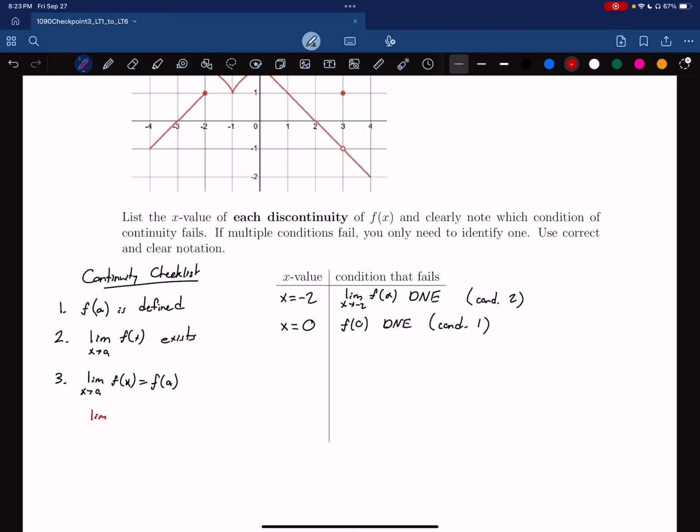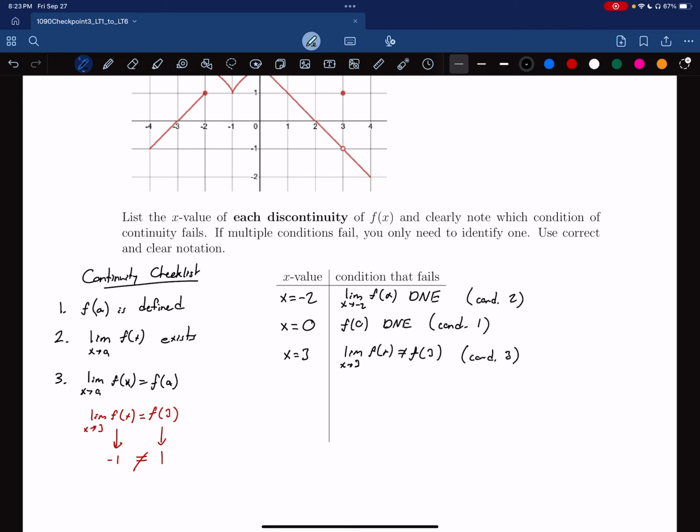The limit as x approaches 3 of f of x is equal to -1, and f of 3 is equal to 1. These are not equal. So at the x value of 3, we have that the limit as x approaches 3 of f of x does not equal f of 3. That relates to condition 3.